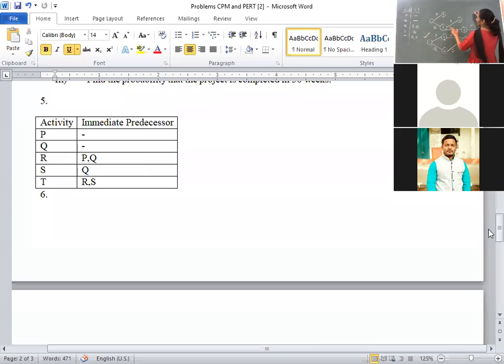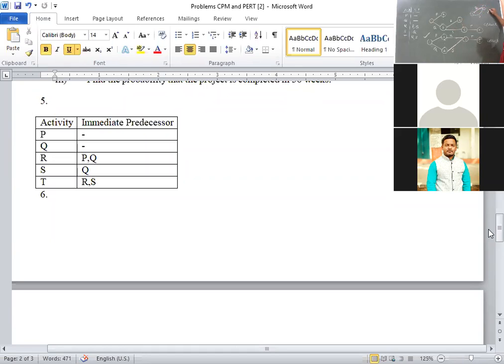Listen, Pawan. Node is 3, correct? Okay, one you are drawing from 4. The other one you are drawing is activity R. Another one is S. What is the concept? Loop cannot be formed. What does it mean?